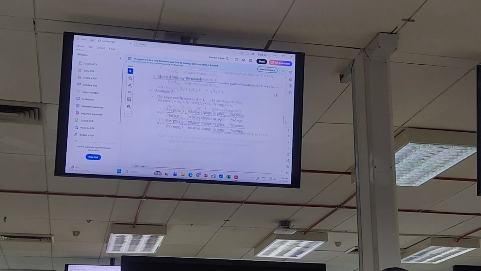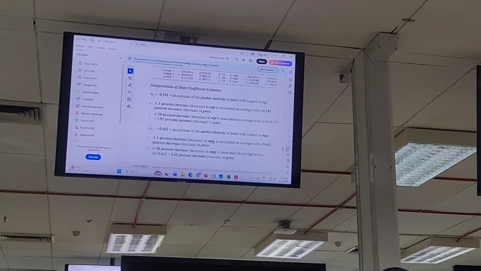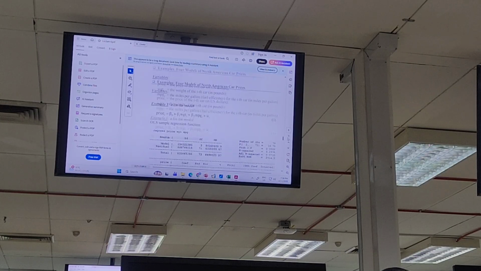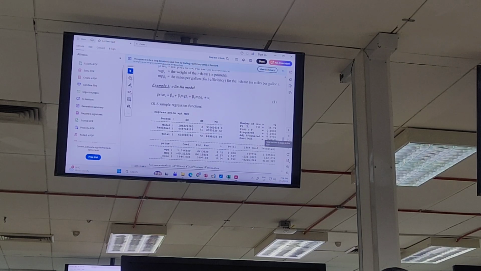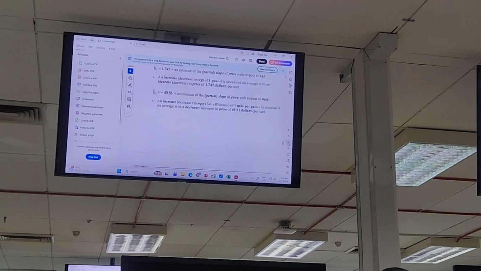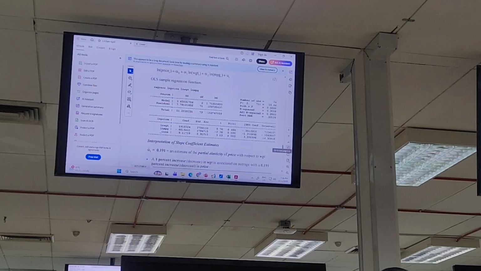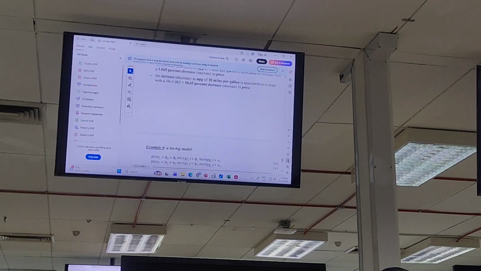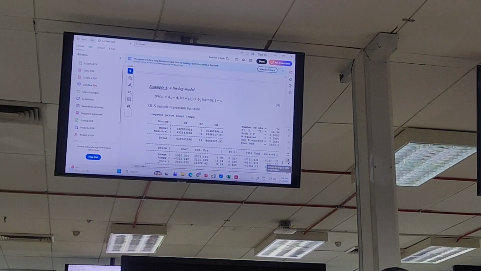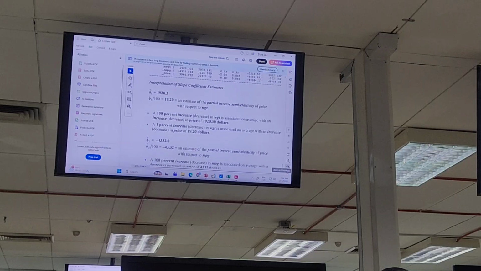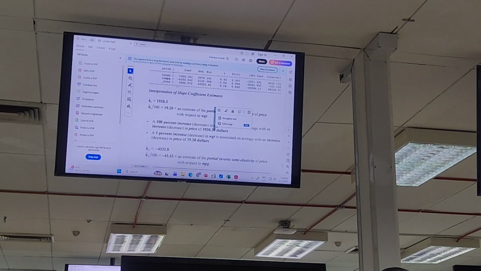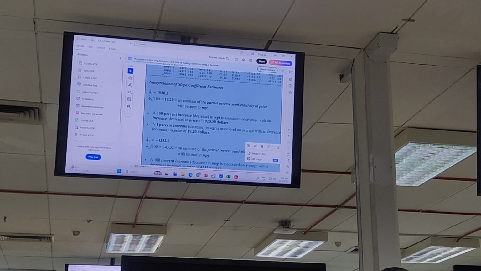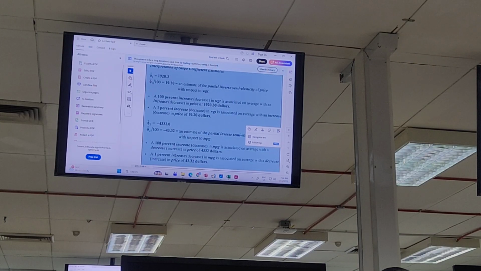For the case of linear log model, I think it's given. This one is linear, this one is log, double log. This one is log linear. This one is linear log. So for linear log you have to divide by 100 when you interpret the estimated coefficient.